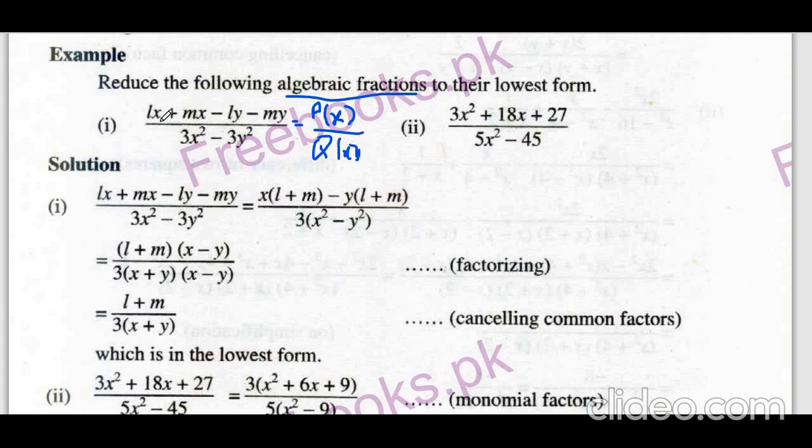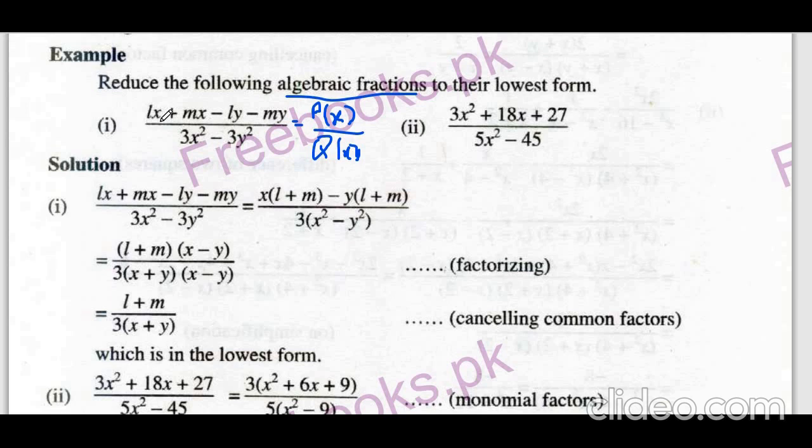Okay, from the numerator, let's combine the x terms and combine the y terms. Take x common from the first two terms and take y common from the last two terms, because we can take common and make factors in this.